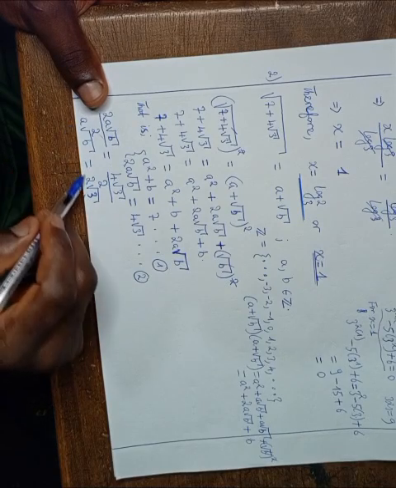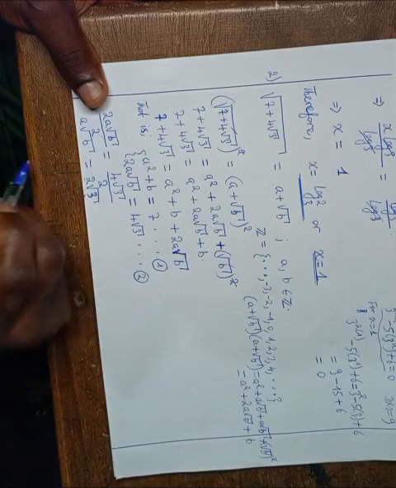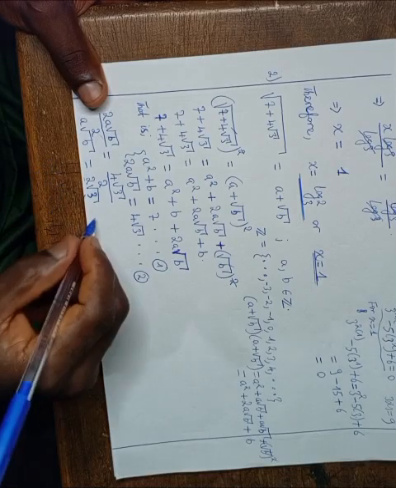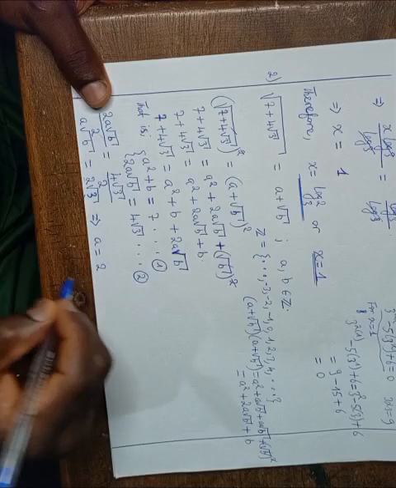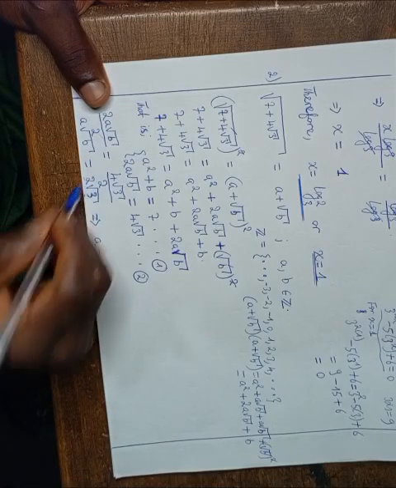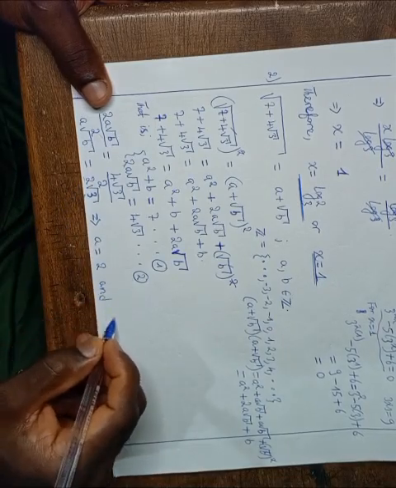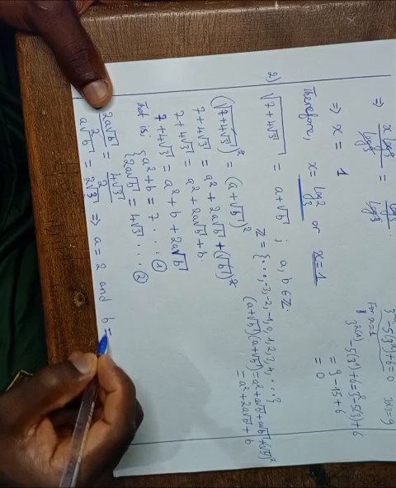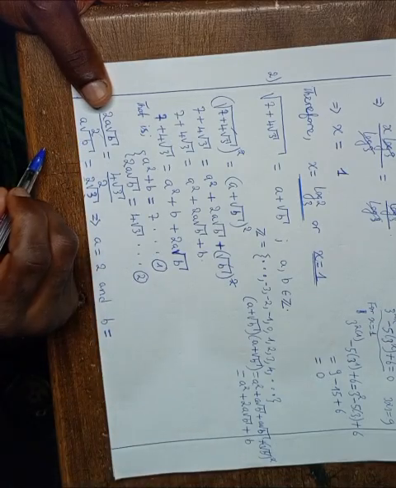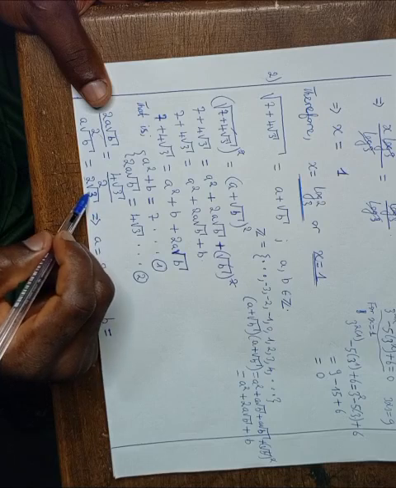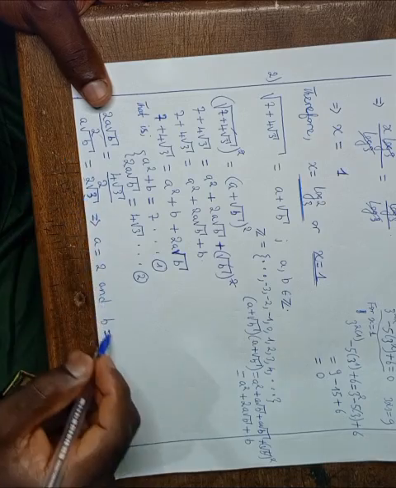So a must be equal to 2, which is also out of the square root sign. In this case, our a will be equal to 2, and our b will be equal to, here, you see root b is under the square root sign. Here, 3 is under the square root sign, so b must be equal to 3.